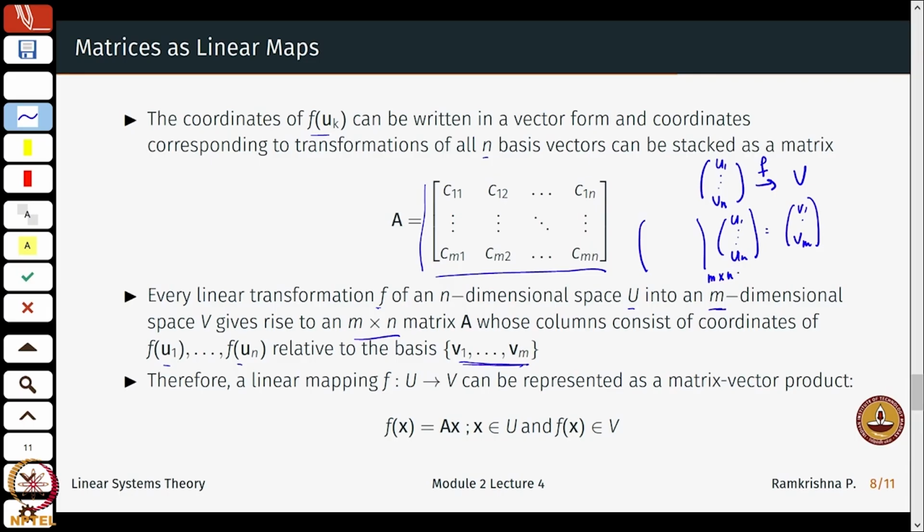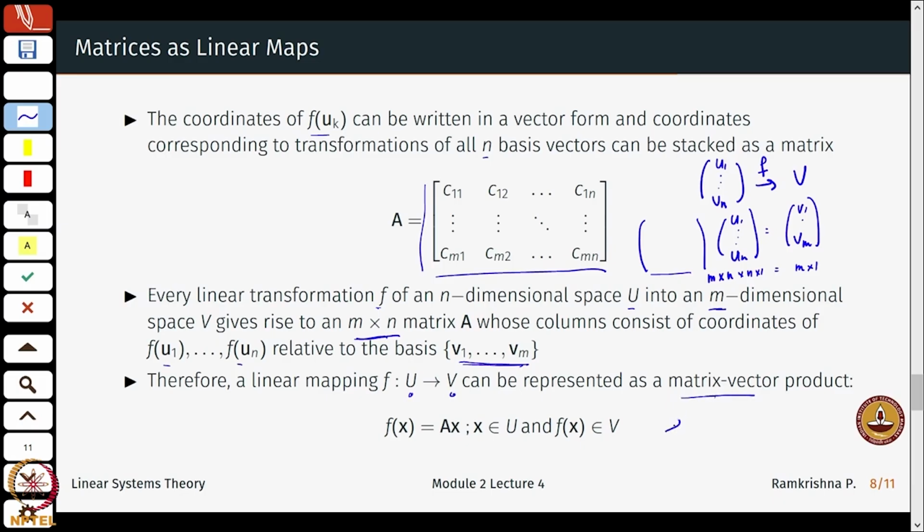So, m cross n multiplied with an n cross 1 vector will give me a vector which is of dimension m times 1, if I just were to match the dimensions. Okay. So, therefore, this transformation is an m cross n matrix, and therefore, a linear map f from a vector space u to another vector space v can be represented as a matrix product.